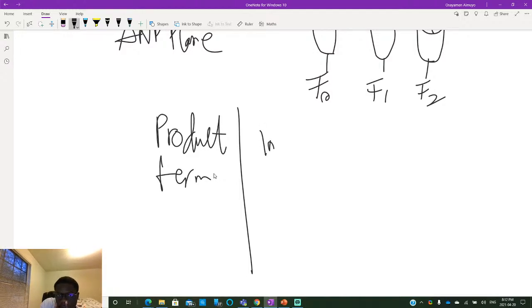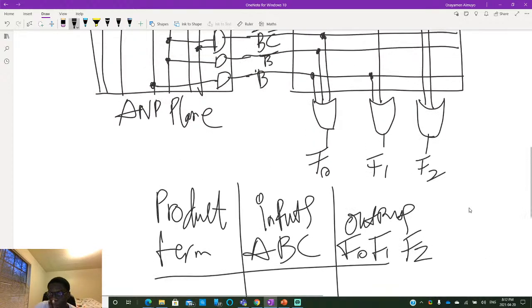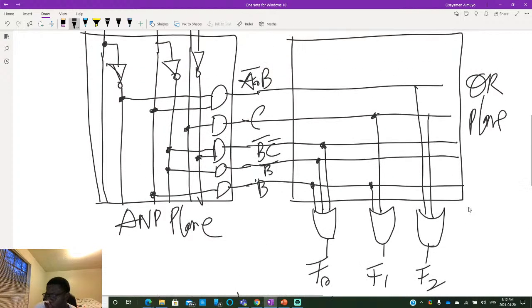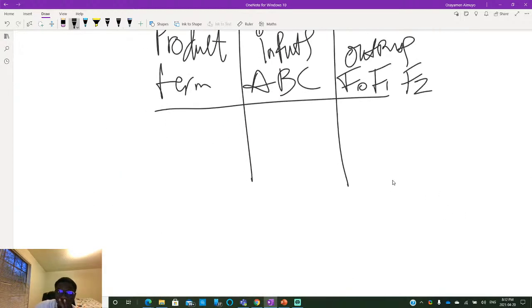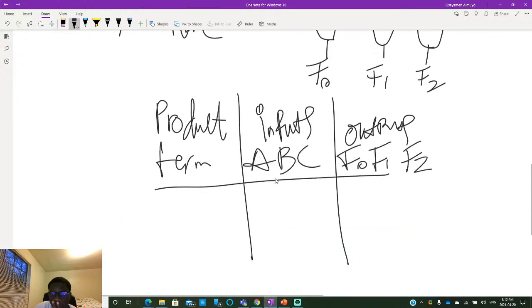So you have inputs A, B, C since that's what we had, and then outputs F0, F1, F2. So we have product terms. For product terms, we have one, two, three, four, five product terms.